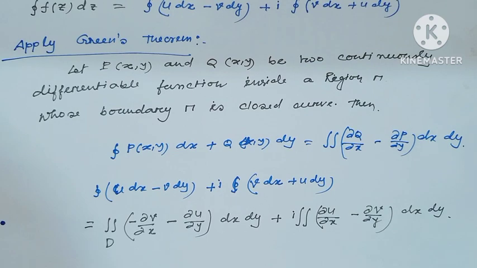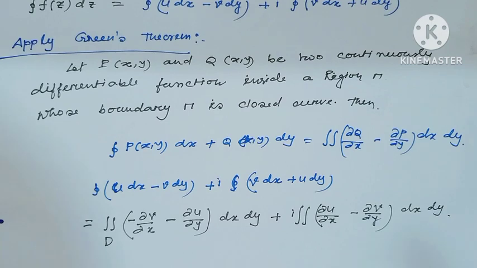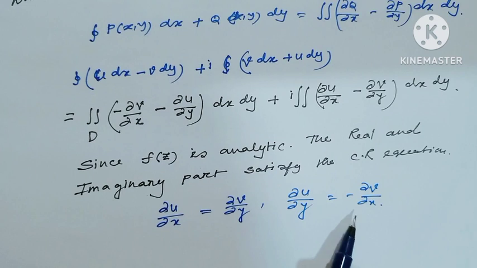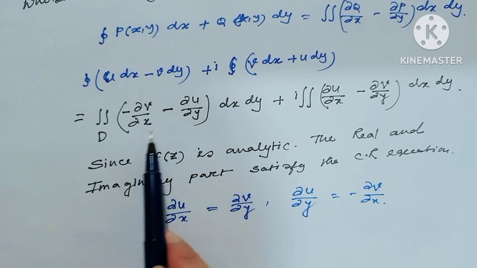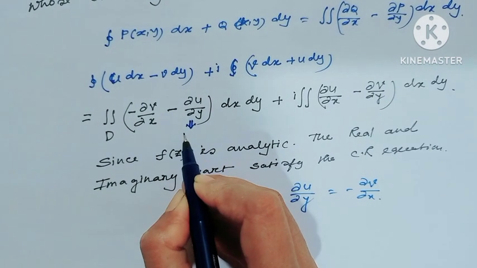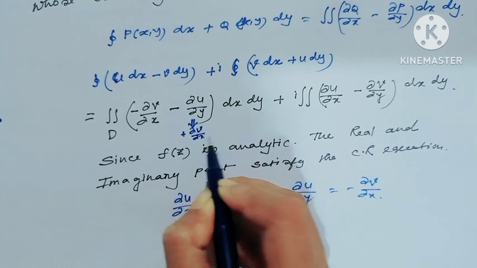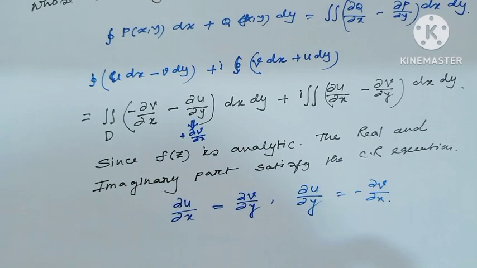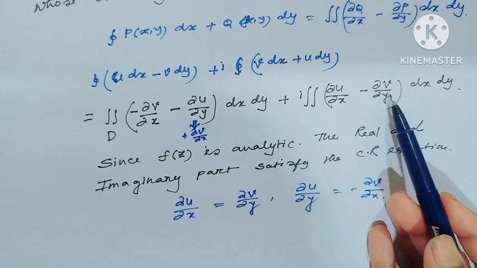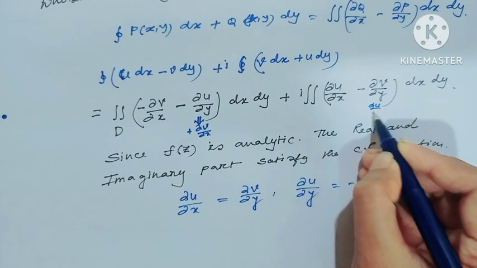Since f is analytic, the real and imaginary parts always satisfy the Cauchy-Riemann equations. So ∂u/∂x = ∂v/∂y and ∂u/∂y = −∂v/∂x. Now notice the equation: here ∂u/∂y replaces −∂v/∂x, and here ∂v/∂y replaces ∂u/∂x.